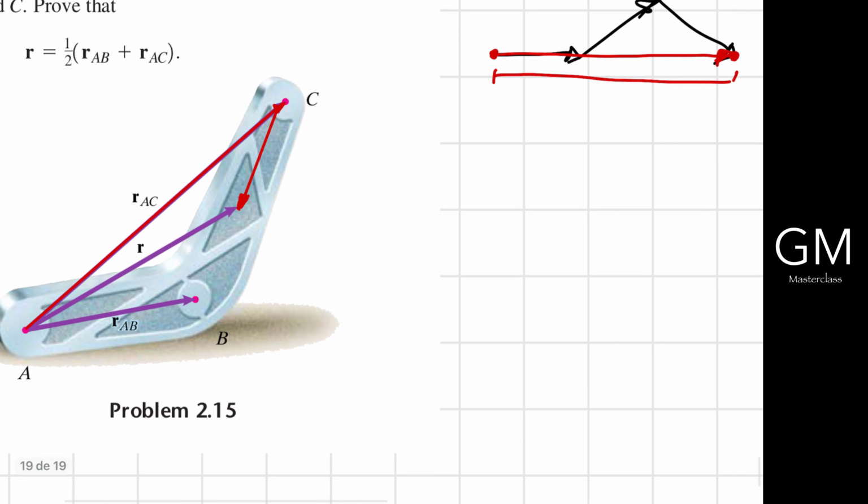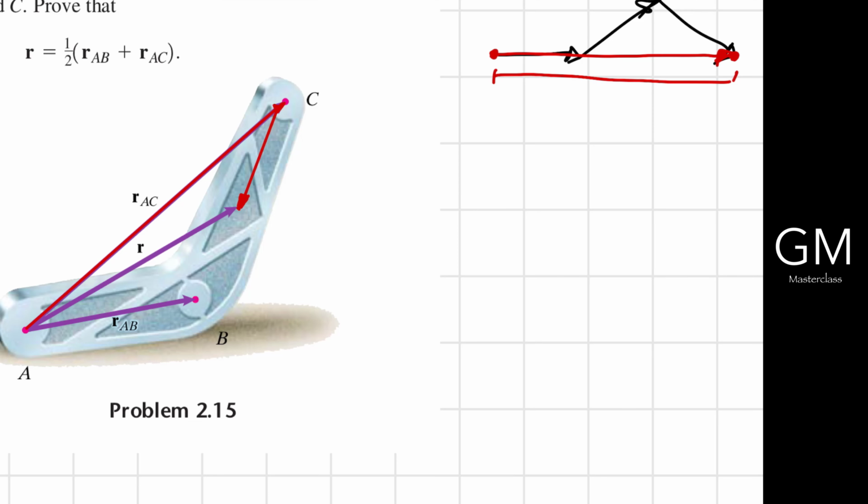Alright, so they are telling me that I have right here one vector, r_AC, and right here one second vector, r_AB. They are telling me also that the vector r is generated from point A to the midpoint between C and B. Alright, so this is one summatory that is happening right here.